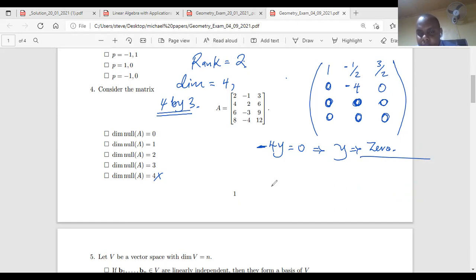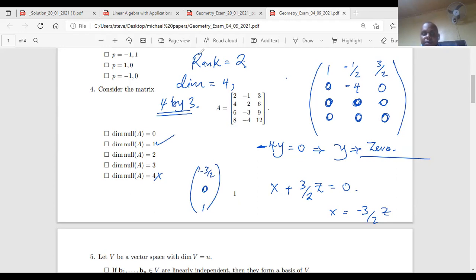Therefore, x plus 3 divided by 2 z equals 0, then x equals negative 3 divided by 2 z. And so the basis is going to be 1, 0, negative 3/2. The dimension is going to be 1. You are right. So the number of columns is 3, the rank is 2, 3 minus 2 is 1.